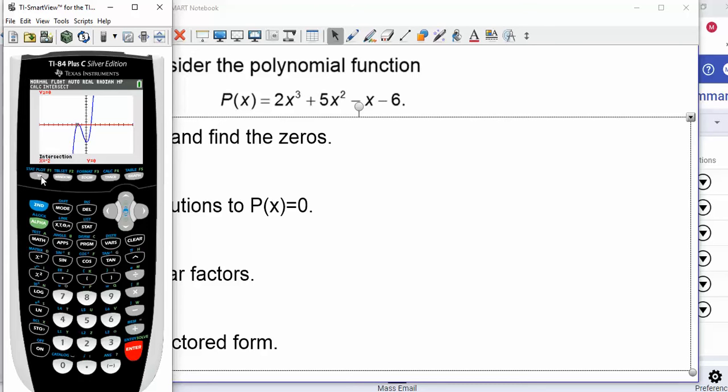Correct. Do we all type in the same equation? 2x cubed plus 5x squared minus x minus 6? No. Okay. Oh, did you guys find this one over here first? I don't know.